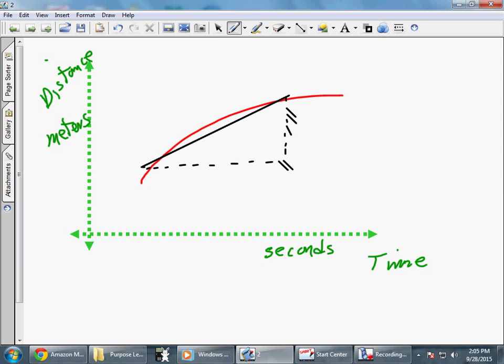Yeah, exactly, because it's meters per second, which we know of as what? Velocity. We can say velocity with respect to time.